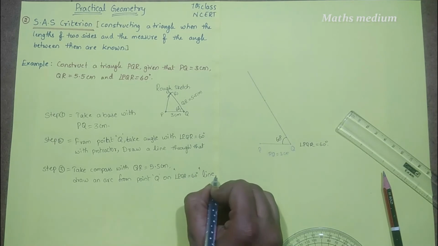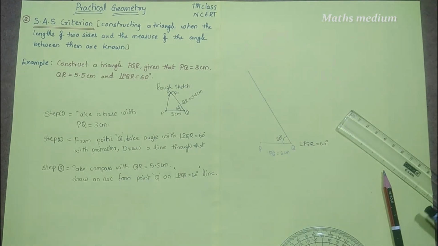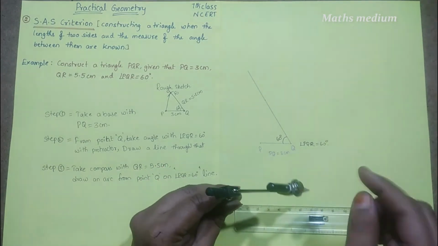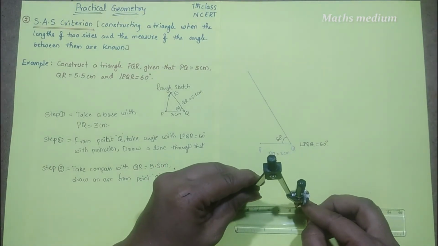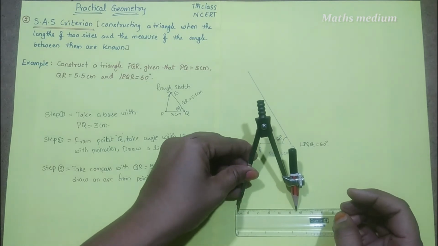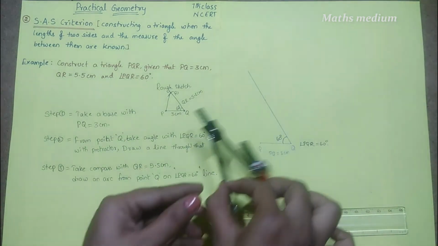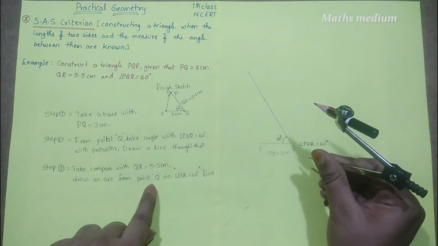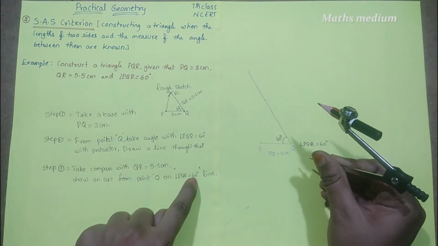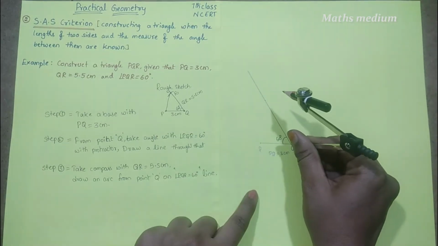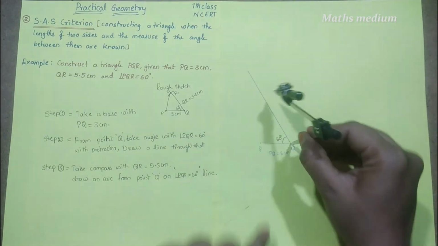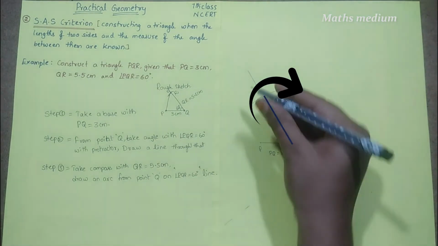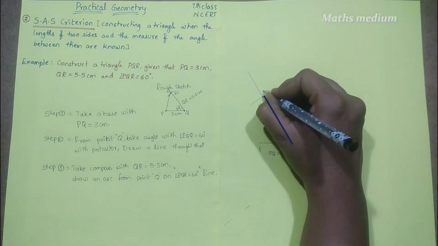Is that clear up to here? So see, take the compass and make 5.5 centimeters. So this is 5.5 centimeters. Without any disturbance of 5.5 centimeters, we have to draw an arc from point Q on the PQR 60 degrees line. So this is Q and this is the arc on the line. Now put this point as R.